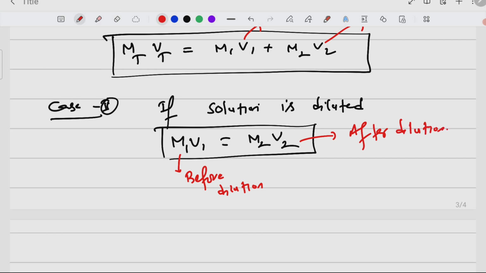So these are the most important concentration terms and interconversion terms we discussed till now. In this video we discussed theoretical concepts. The applications of all these terms will be discussed in the upcoming video. Stay tuned to ChemHack Point. Thank you for your patient listening.